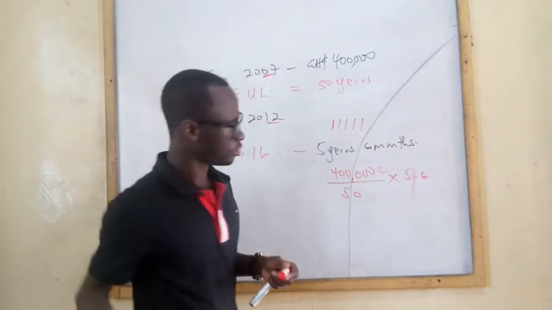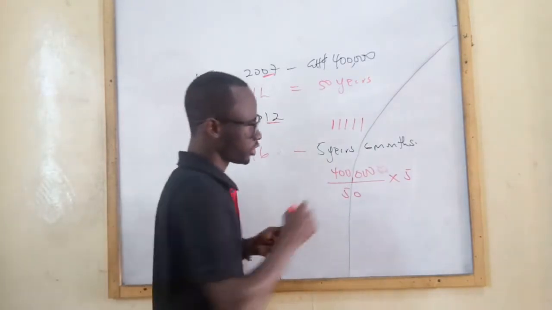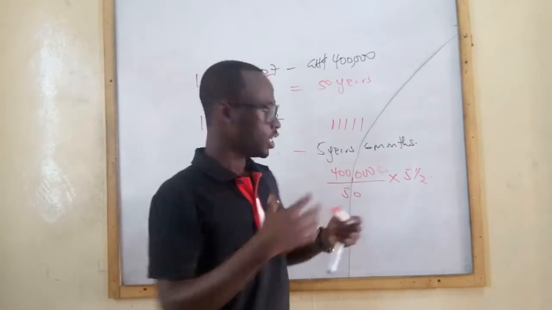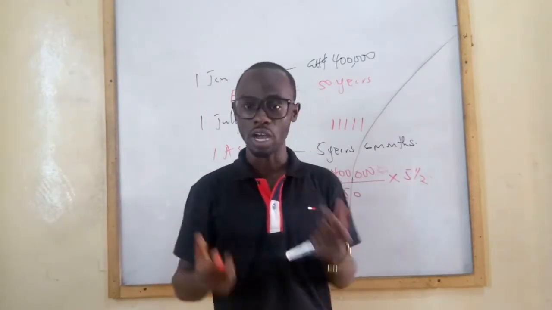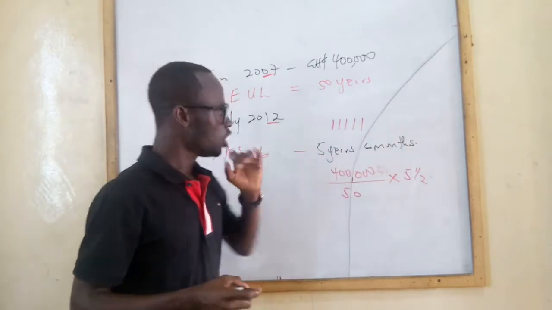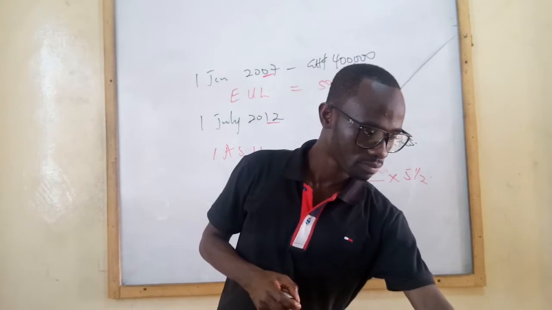Sorry, it should be 5.5 years. So we can do the arithmetic for that to get the total depreciation we are going to be charging. But my focus is on how long it has been used. So let's see the carrying value of the asset.